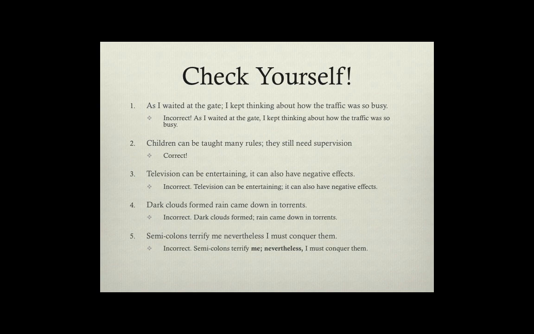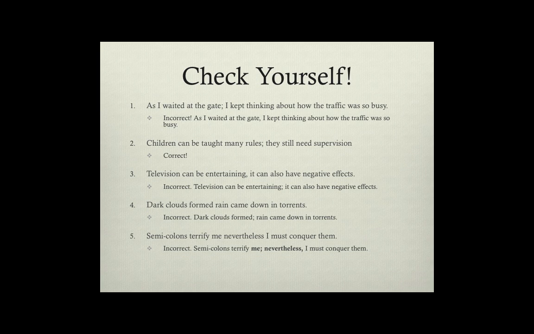All right, let's check our work. Question number 1 was incorrect. Here it was originally: as I waited at the gate; I kept thinking about how the traffic was so busy. This is an incorrect use of the semicolon. Find the semicolon, look to the left of it and look to the right of it. Do you have a sentence on both sides? Do you have a complete thought? You don't.